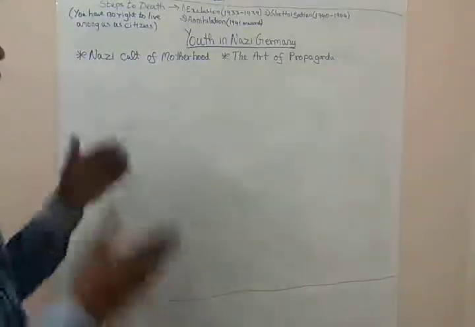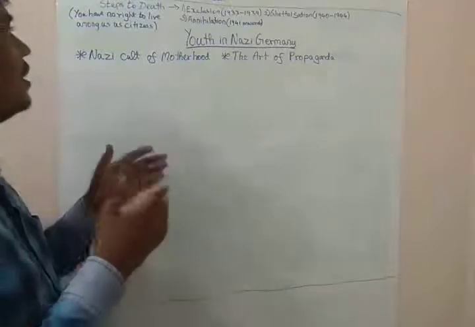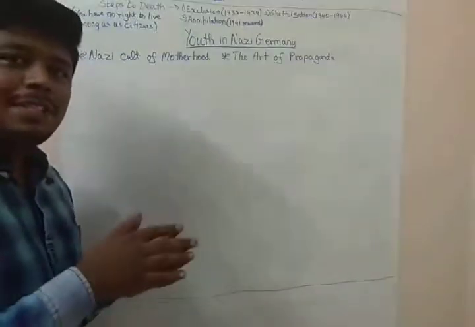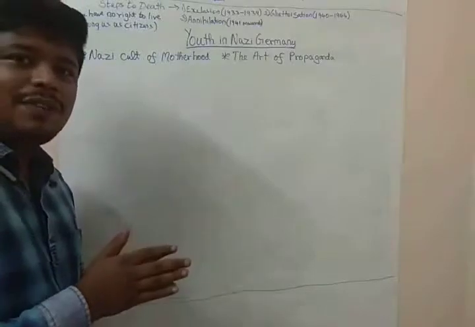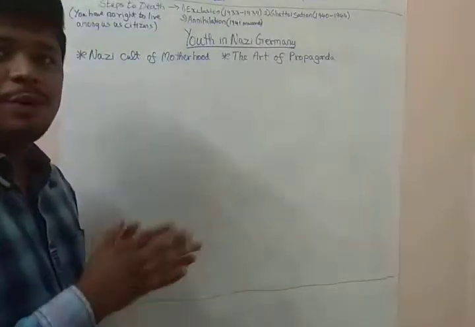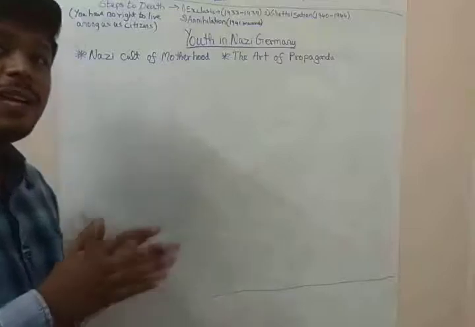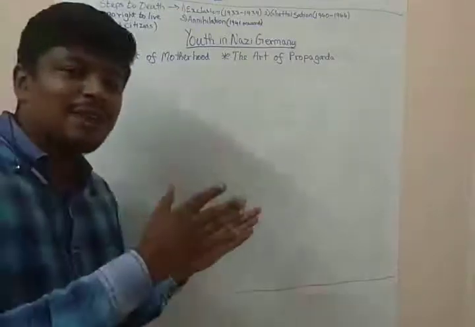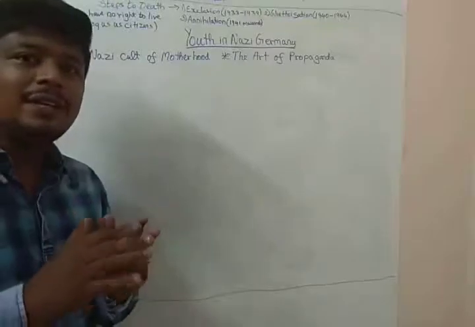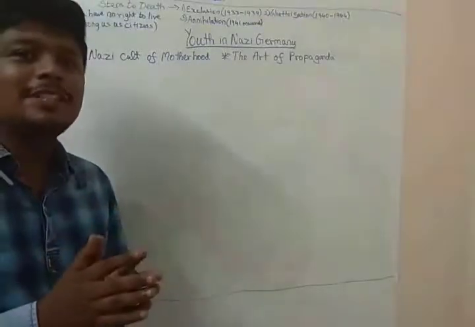Before entering into this topic, we want to see one main thing. In the previous unit, we were seeing the Nazi worldview, right? In that one, finally I said to you that genocide and war are the two sides of a coin in Germany, right?